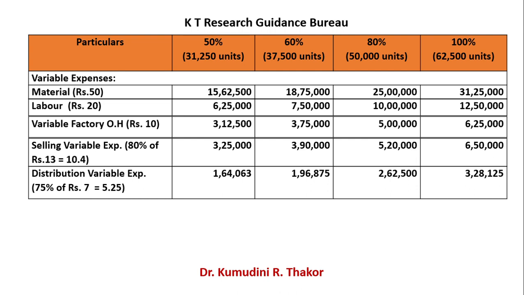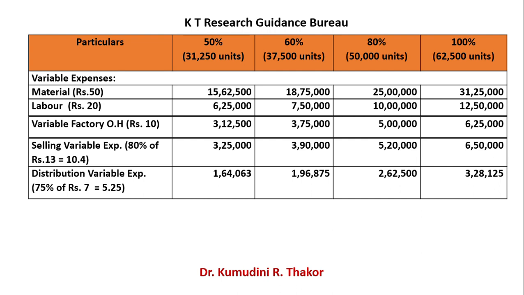Your answer is 1,64,063, 1,96,875, 2,62,500 and 3,28,125. These are your variable expenses. Now do the sum total of variable expenses.